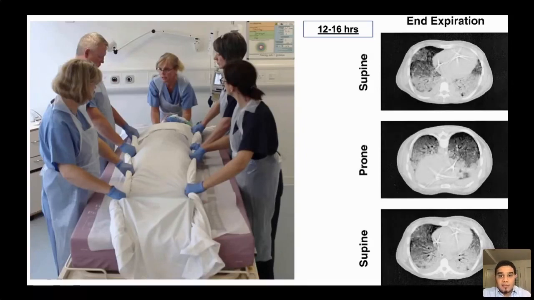But for proning to actually work, it has to take a longer time. It has to be long enough for it to work. So 12 to 16 hours minimum to be able to see an effect. And mostly the effect is a mortality benefit in the studies done on proning. There are many studies we can reference, but I recommend you read them as well.